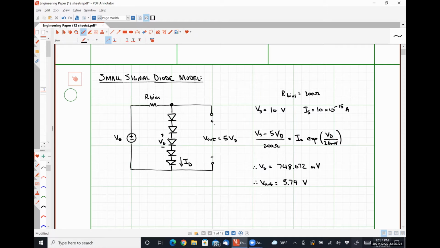So if Vs is 11 volts, solve this guy again.